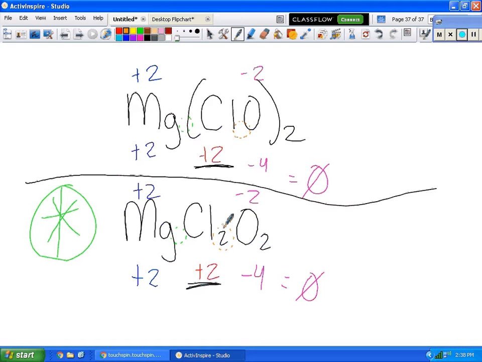Your brain can separate those things out, because if you forget to bring this 2 over here, you're going to mess everything up. So what is 2 divided by 2? 1. So your final answer is +1. Does that make sense? So when you distribute, it makes the numbers look a little easier to deal with. Let's look at another example.